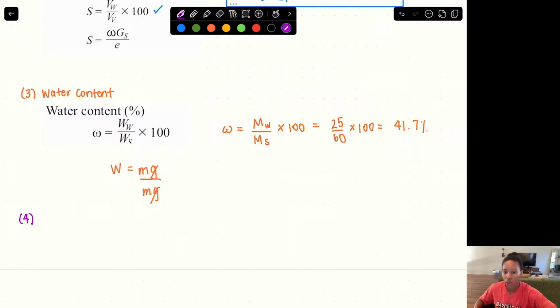Does anyone want to give us the porosity equation in the chat before I go look it up? Porosity is denoted as N.